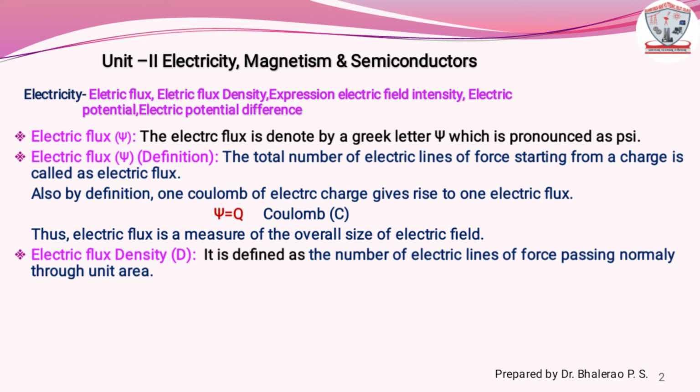Electric flux density, capital D, is defined as the number of electric lines of force passing normally through unit area. Therefore, D is equal to psi upon A, and the SI unit of electric flux density is coulomb per meter square, which is obtained from the formula D is equal to psi upon A. Psi is the electric flux and A is the area.